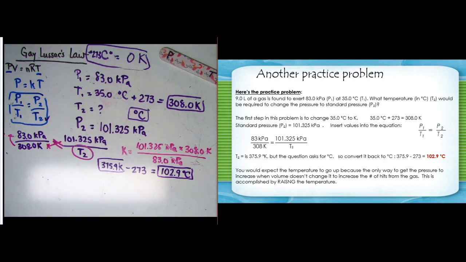All right, again, here you would expect the temperature to go up, because the only way to get the pressure to increase, which is what it did, it went from 35 all the way up to 101, is by raising the temperature. All right? So there's two practice problems. You'll get your assignment, and you can use these to help you with that.